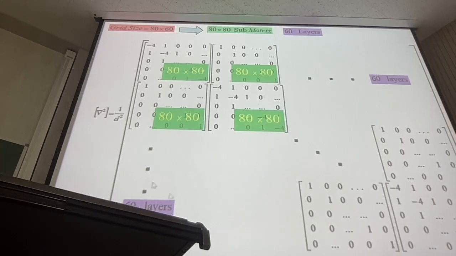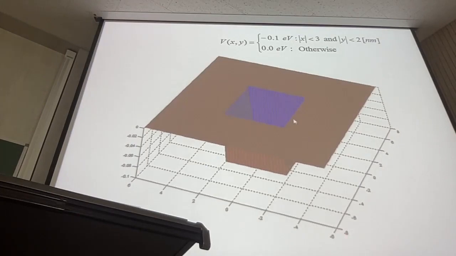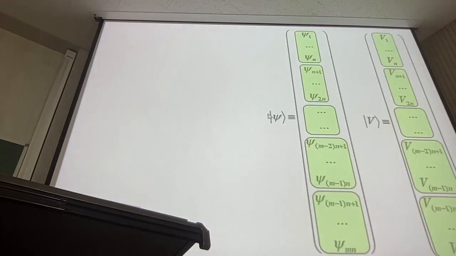And the other ones are all zero matrices like this. We have first an 80 by 80 block, with -4 on the diagonal and 1 on the off-diagonal components. And the second block has an identical matrix like this, and at the center we have the same matrix. So these are the representation of.